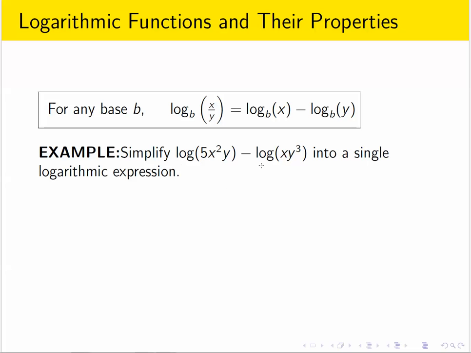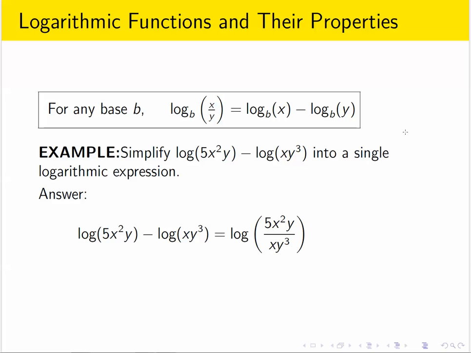These are both common logarithms, so they're both log base 10, but we're not writing the tens because that's our shorthand notation if we leave it off. I want to combine these into a single expression. Since I have a difference here, I can combine them by dividing the arguments. So I divide this quantity by this quantity, giving me this fraction.